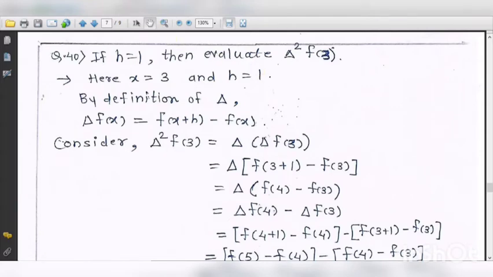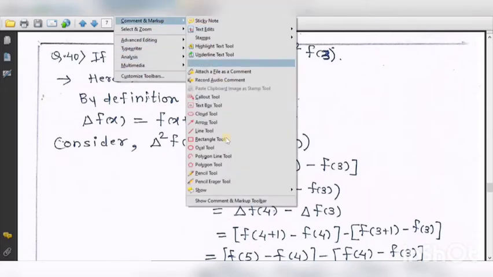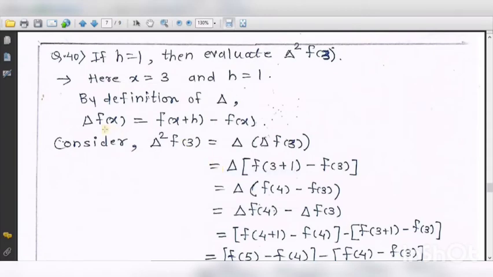Now we will use the definition of forward difference. You should always remember this basic definition, so that you can find all the forward differences. What is the basic definition?